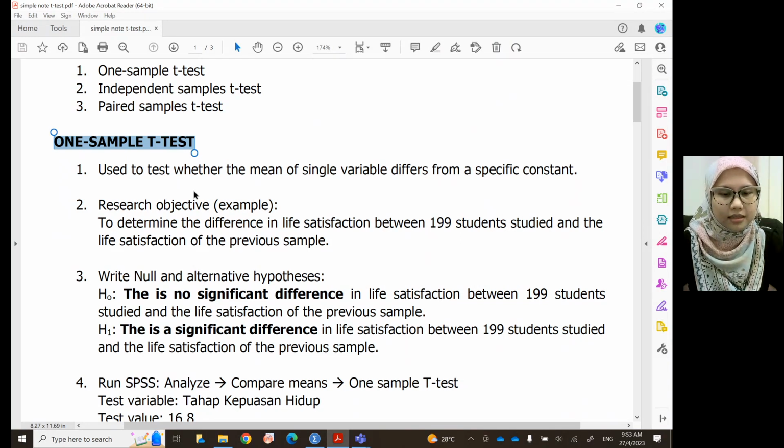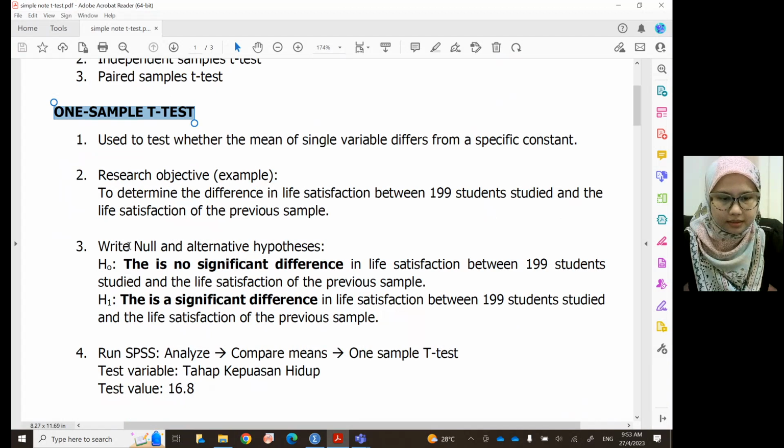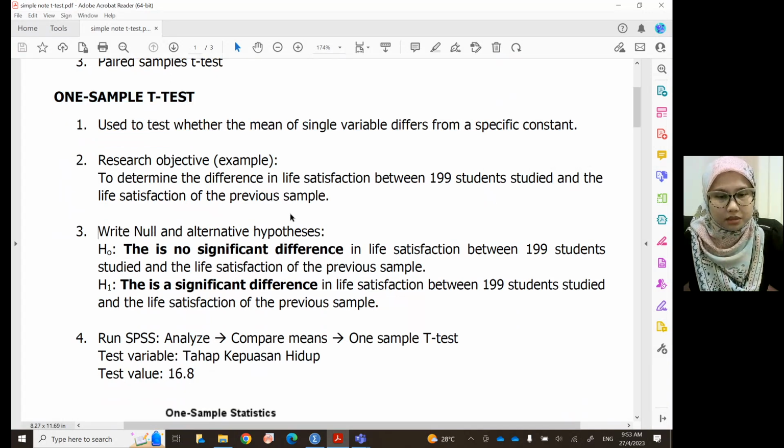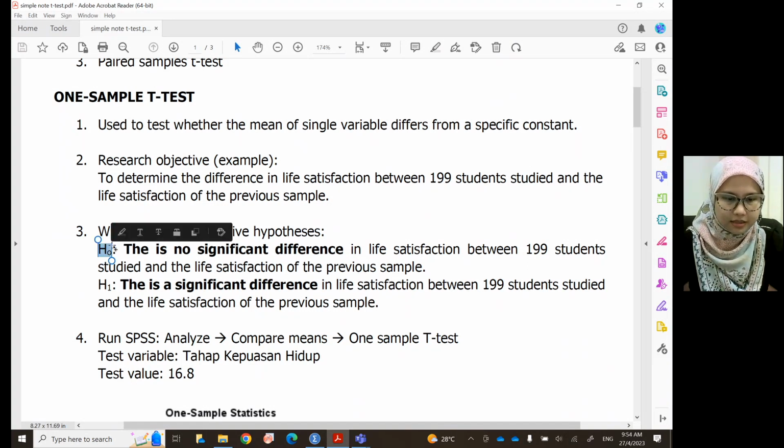If this is your research objective, then you need to use one sample t-test. To start this one sample t-test, you need to have your hypothesis, including the null and alternative hypothesis. H0 here stands for null hypothesis. What is your null hypothesis?